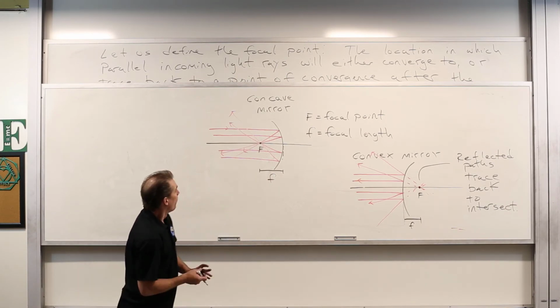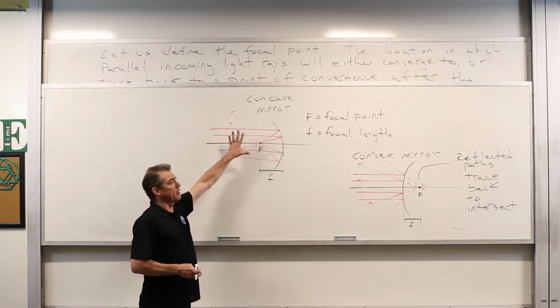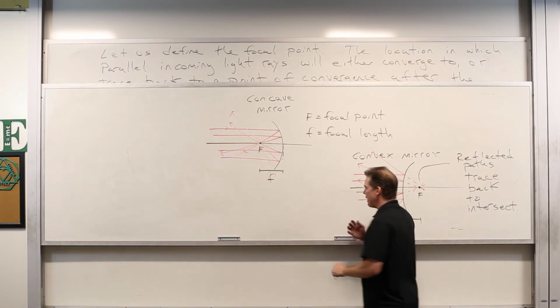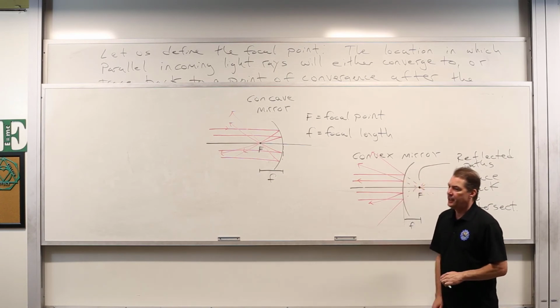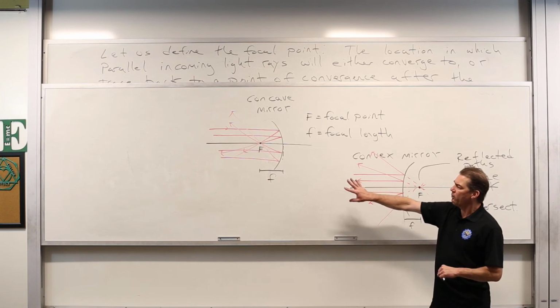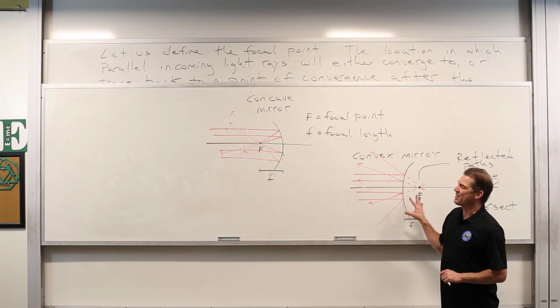So, we did look at this case, right? We derived specifically the relationship between the radius of curvature, the object distance, and the image distance. We didn't use the focal point at all. We will. We didn't look at the convex case, though.